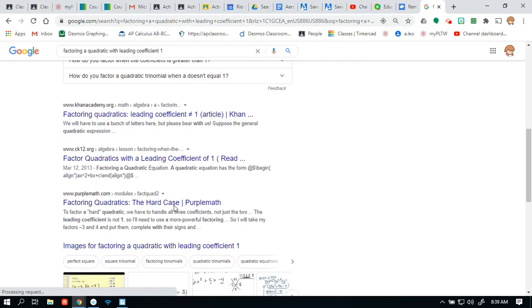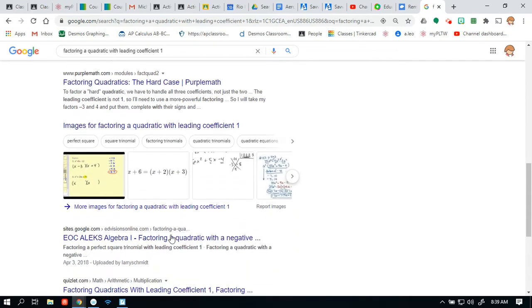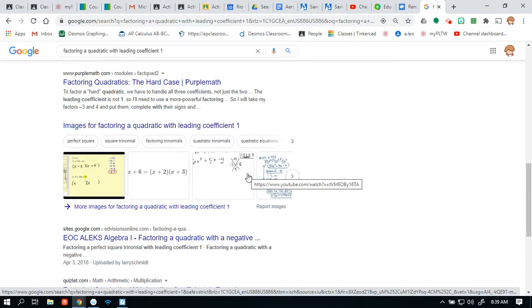If you look here, there are a bunch of different pages, a bunch of different videos. You have this X marks the spot method. I used to actually do this method a lot. I might do this with you guys. You have the factoring the P's and Q's. This is the one that I'm going to go over.